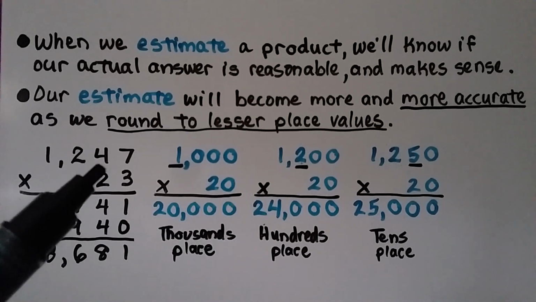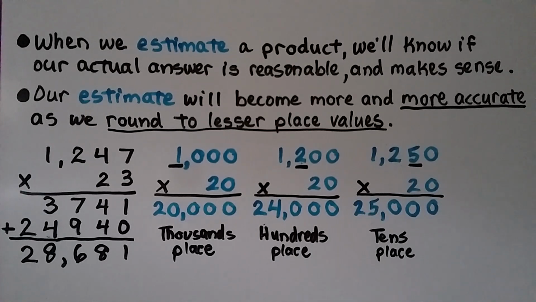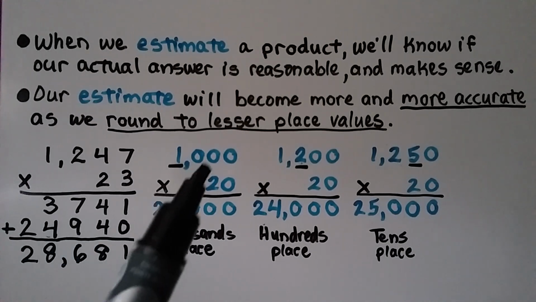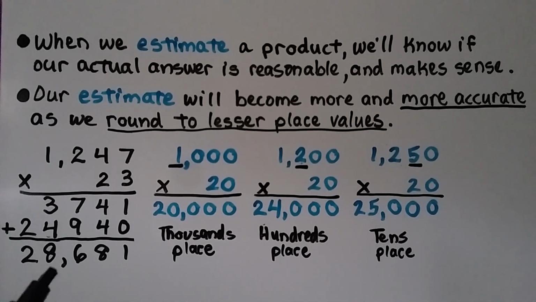And if we round it to the tens place, the 7 tells the 4 to go up to a 5, we'd have 1,250 times 20, we'd have 25,000. So as we rounded to lesser place values, our estimate became closer to the actual product. See?